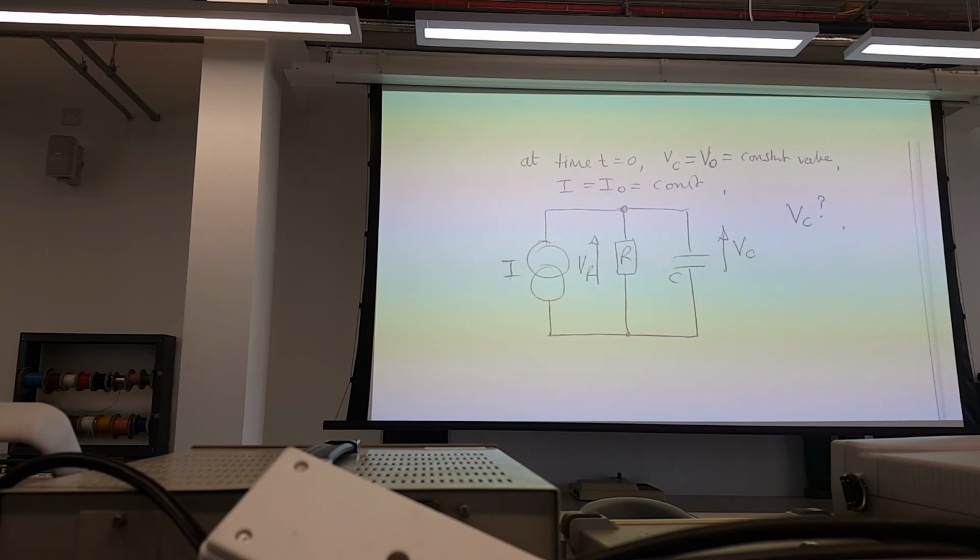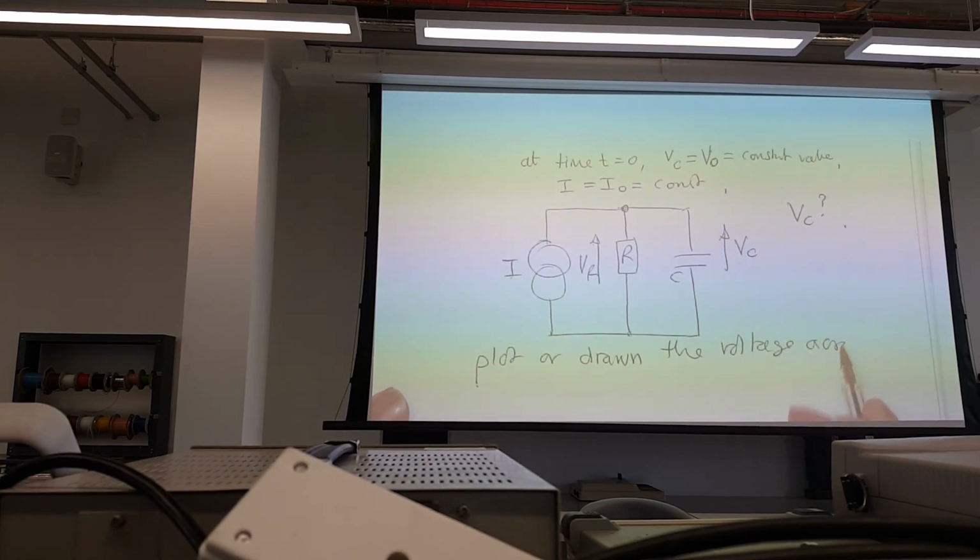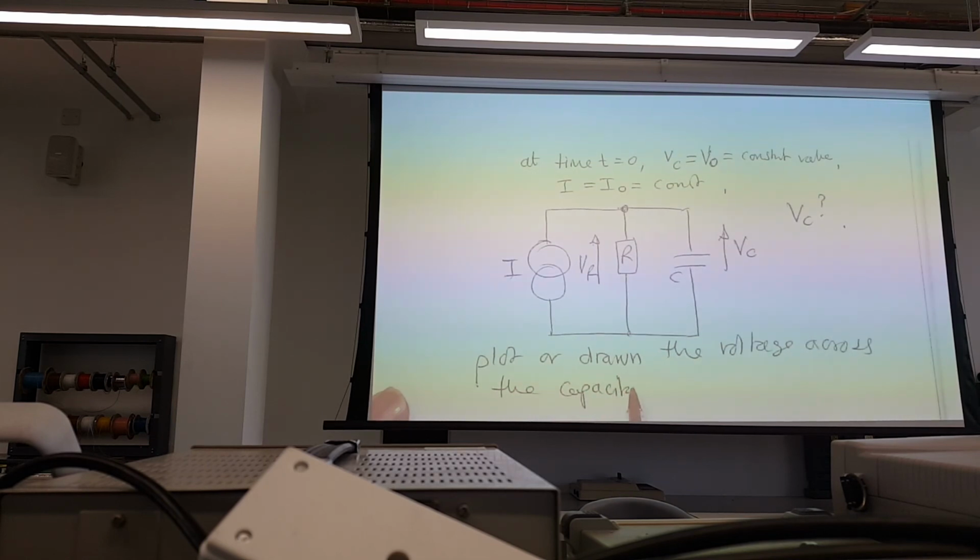I want you to plot or draw the voltage across the capacitor as a function of time. That's what I want you to do.